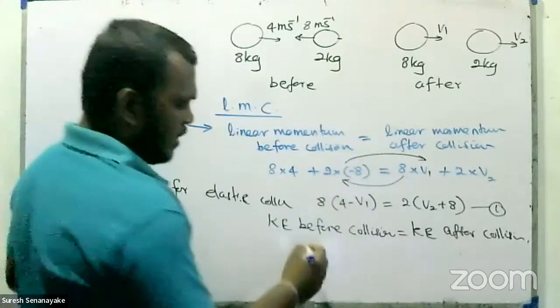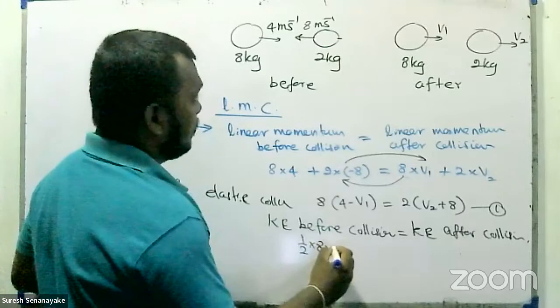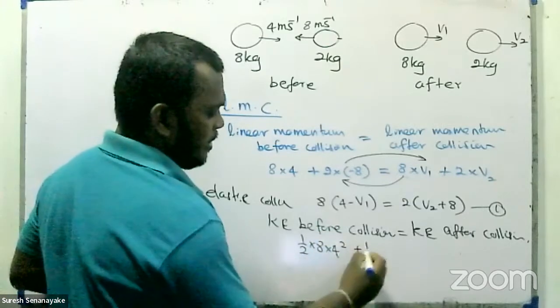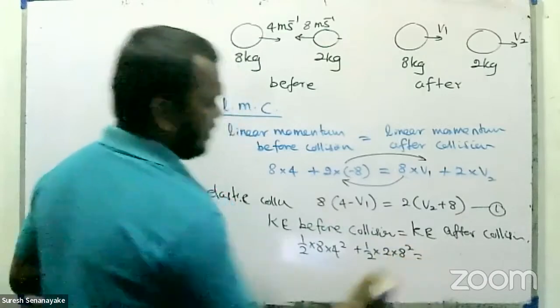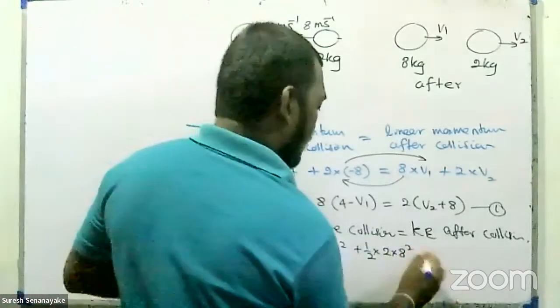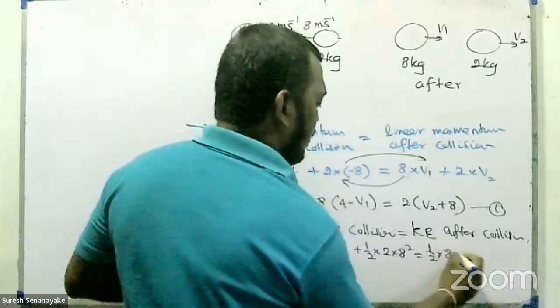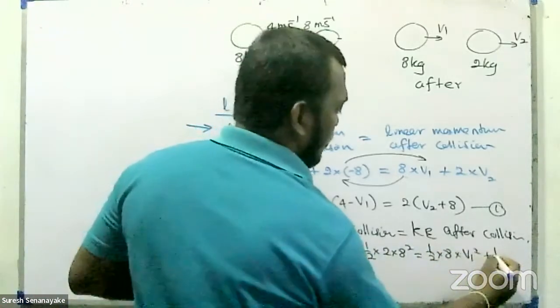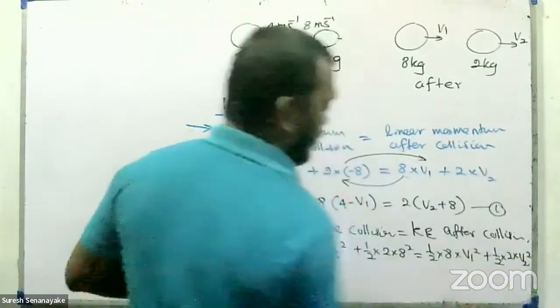So the kinetic energy is half 8 kilogram into 4 square plus half 2 kilogram into 8 square, equals half 8 v1 square plus half 2 into v2 square.